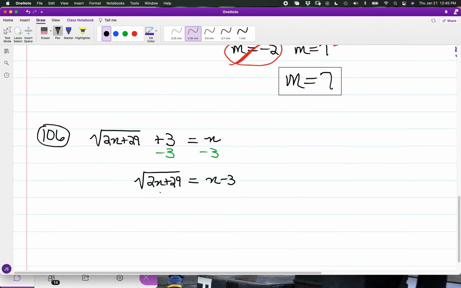And so we have the square root of 2n plus 29 by itself, and I can undo the presence of the radical by squaring both sides. So for what we have here, we have 2n plus 29.